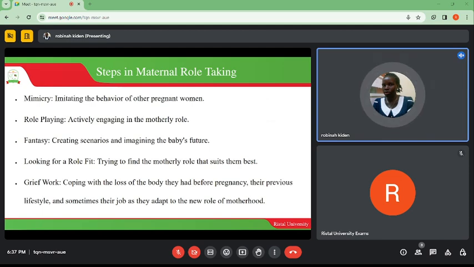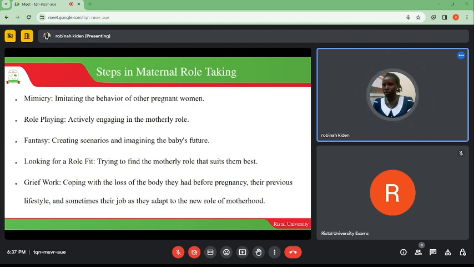One is mimicry, imitating the behavior of the other person, studying how they do things.